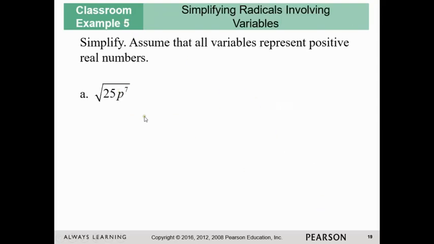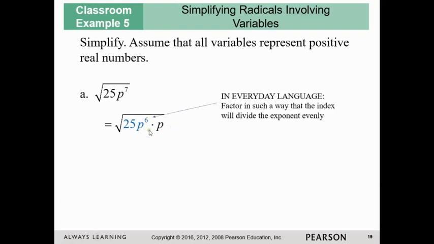So now it gets a little more challenging when we start dealing with variables in there, variables raised to exponents. So the first thing we're going to do here is factor this p to the 7th. And in everyday language, what you do is factor it in such a way that the index, which is 2, will divide evenly into the exponent.